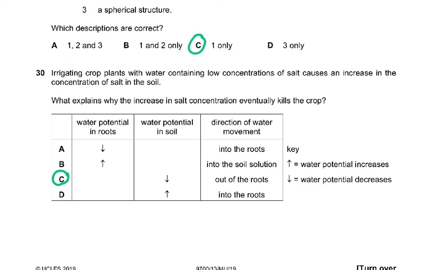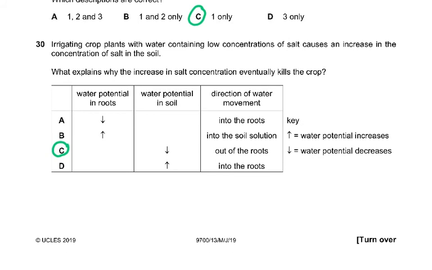Then coming to question number 30, irrigating crop plants with water containing low concentration of salt causes an increase in the concentration of salt in the soil. So first you have crop plants and then you put water containing low concentration of salts, causing an increase in the concentration of salt in the soil.